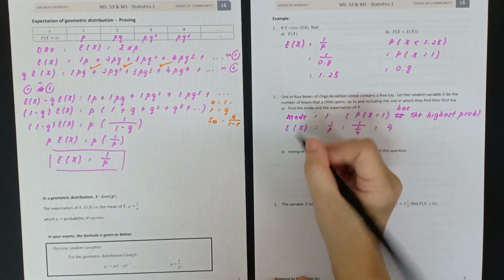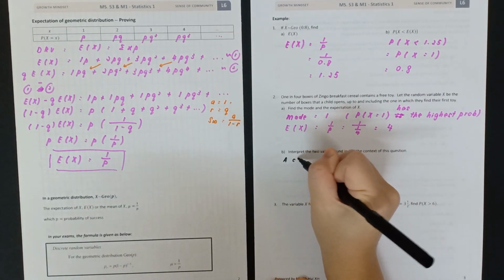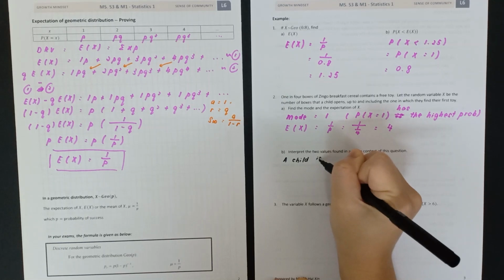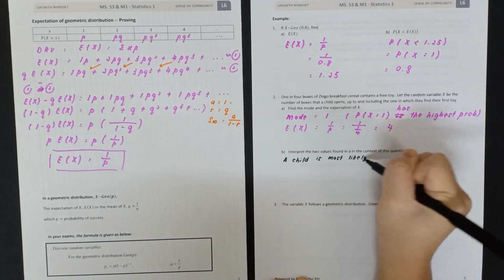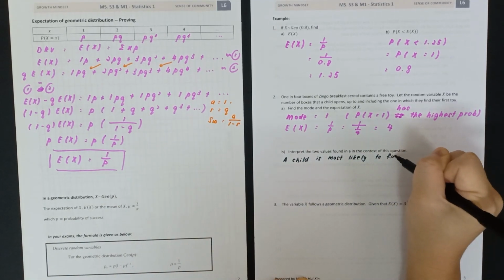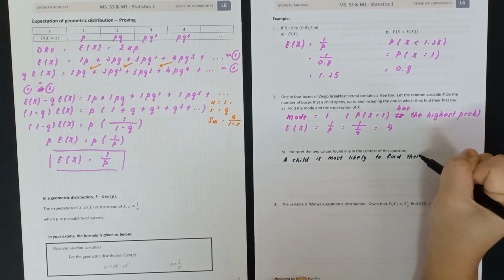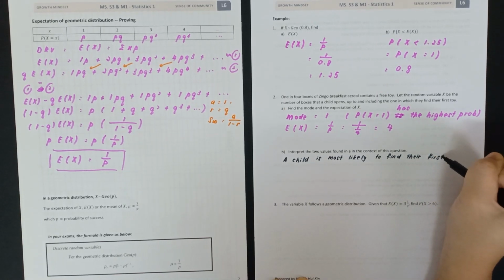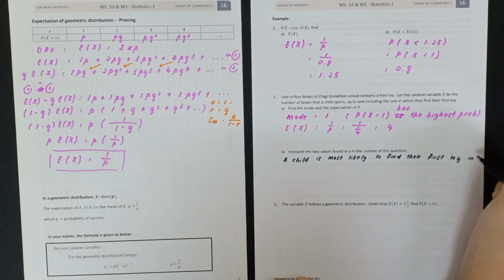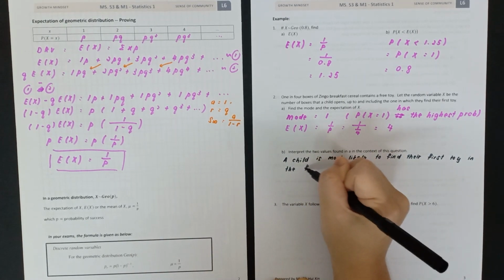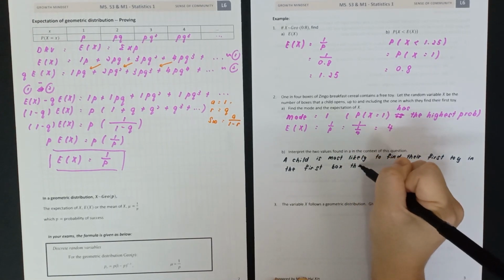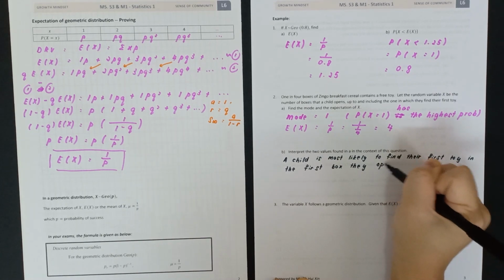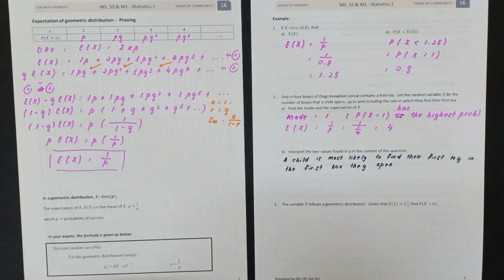So when we interpret mode, we will say that a child is most likely to find their first toy in the first box they open. This is what is meant by mode equals 1, meaning the first box they open.